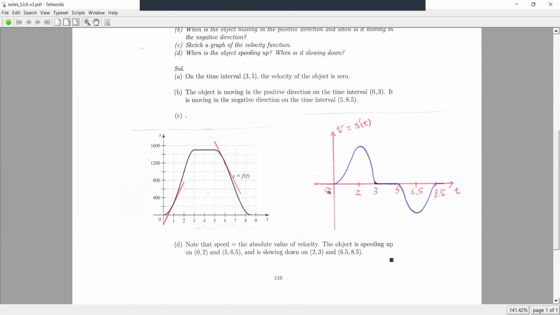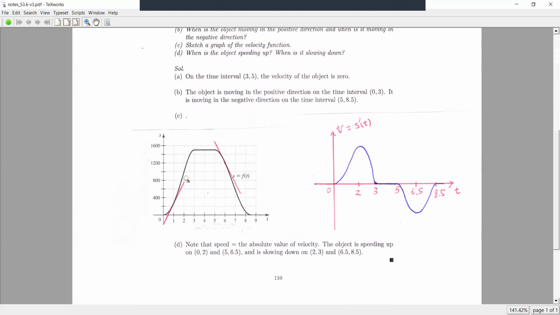So when time is 0, the slope is about 0. Now as time is increasing, the slope of the tangent line is increasing and reaches the largest at about 2.